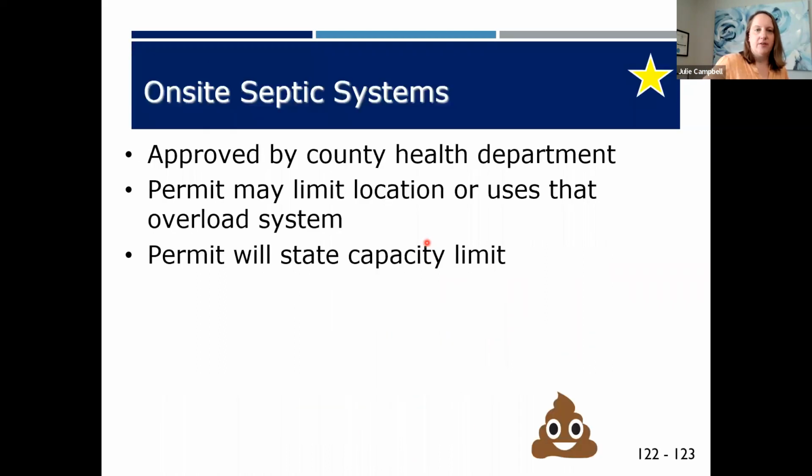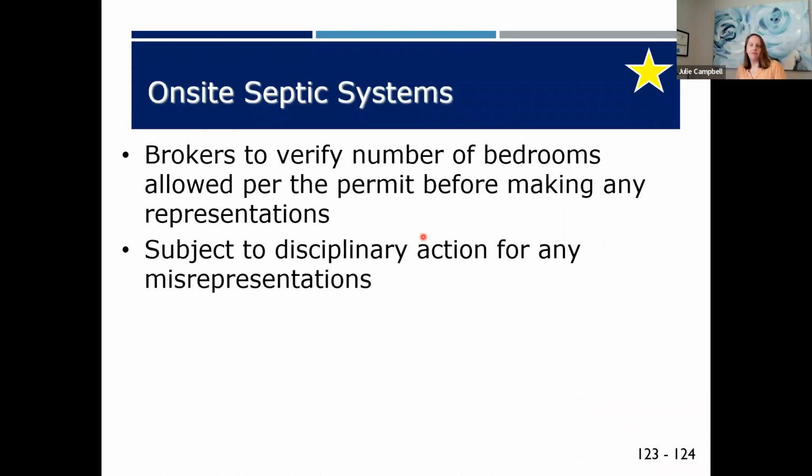So what just happened there? We have to verify the number of bedrooms allowed per the permit, again, before we make any representations. Despite what the seller says, and they will argue with you, and I get it. I bought this as a 4-bedroom, and now you're going to tell me I got to sell it as a 3. But we have got to make sure that we're properly disclosing the information.